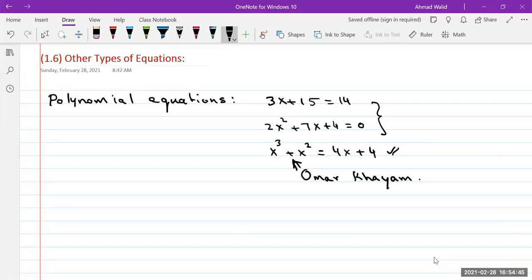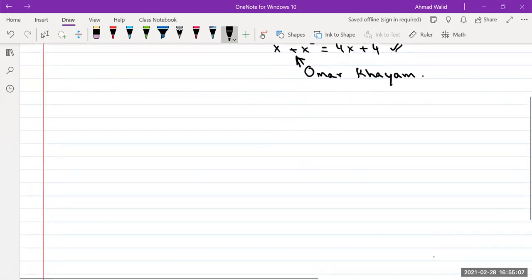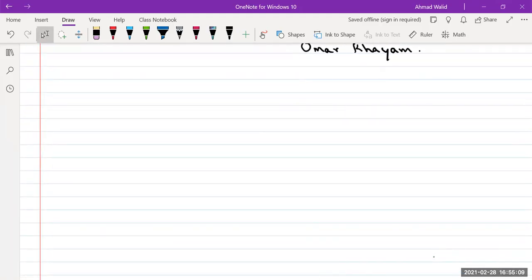Some of them are easy to solve if you can factor, but the other ones are really kind of tricky to solve. He tried to find solutions for the cubic equations, and he also worked on cubic functions.